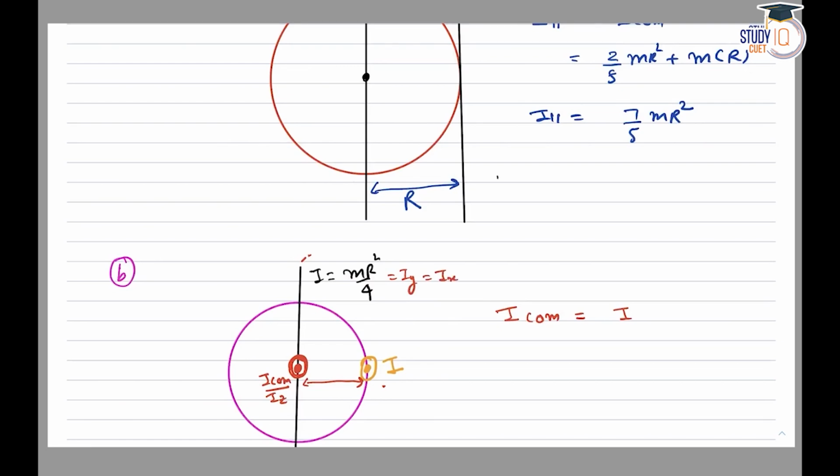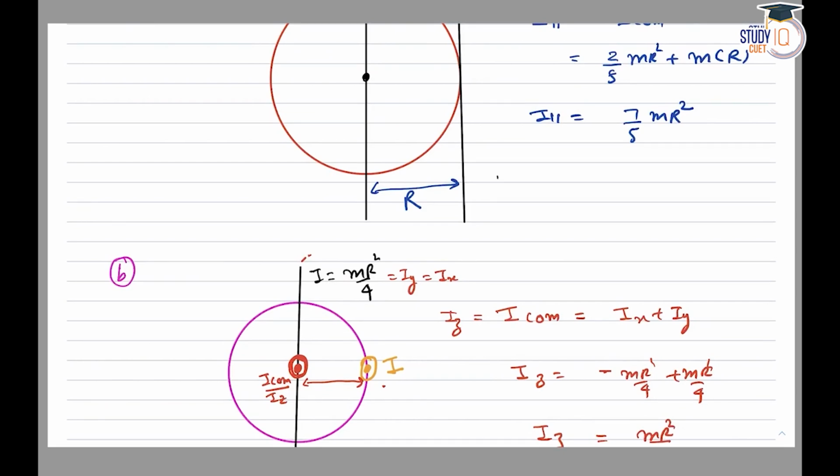So ICOM can be written as IZ is equal to IX plus IY. From this we can say that IX is equal to mr square by 4, and IY is also mr square by 4. So the moment of inertia about the z axis is equal to mr square by 2.